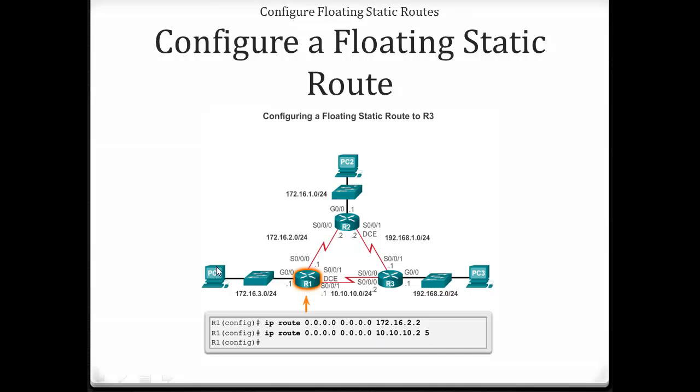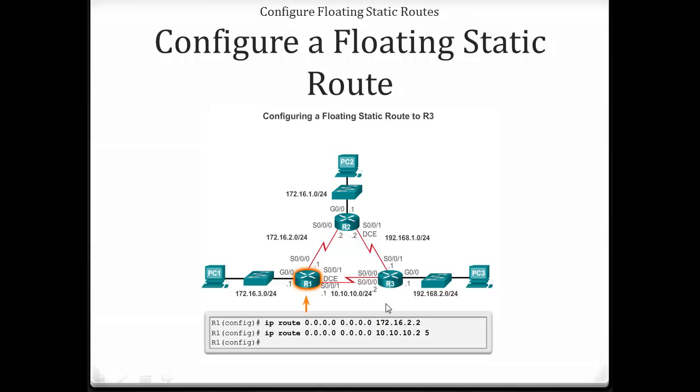So how traffic is going to be routed in this network is everything gets sent up to R2, and then we hope R2 can send it around the network. In the event that R2 goes down or this link goes down here, our backup route or our floating route will now kick in. We will now be able to send packets across this link along the bottom to R3.